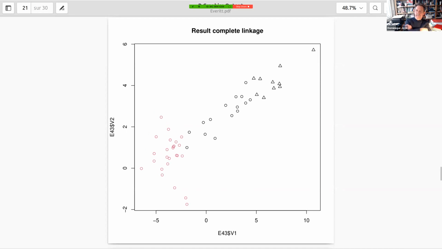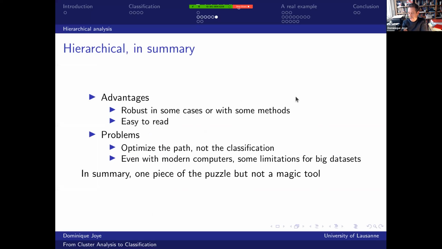So that's really a problem that we have, that the solution really depends on the structure of the data. In some cases, one method could be very good, and in some other cases, not so good. I had another example that I forgot, but it doesn't matter.